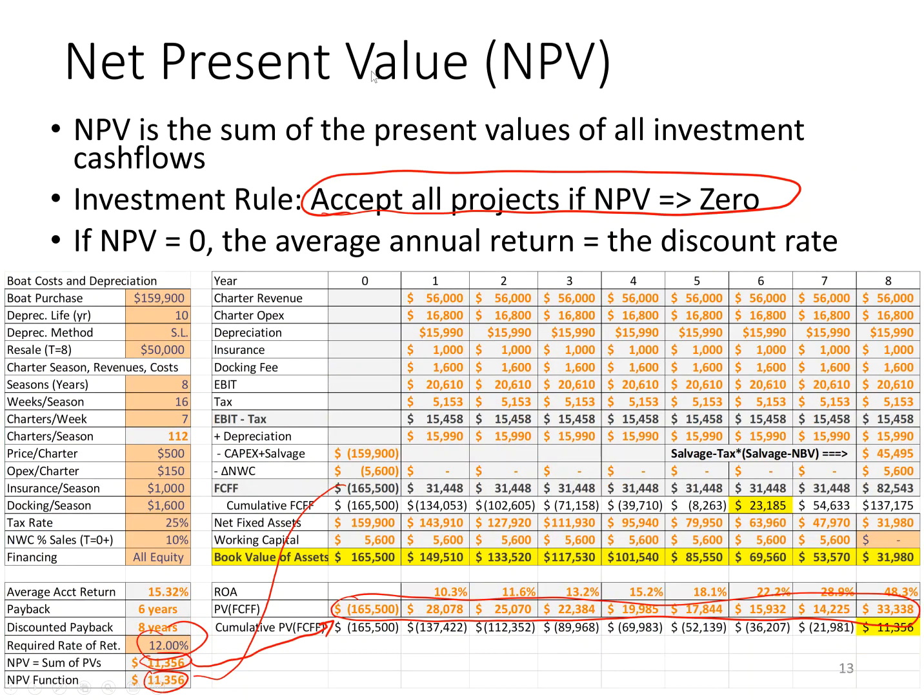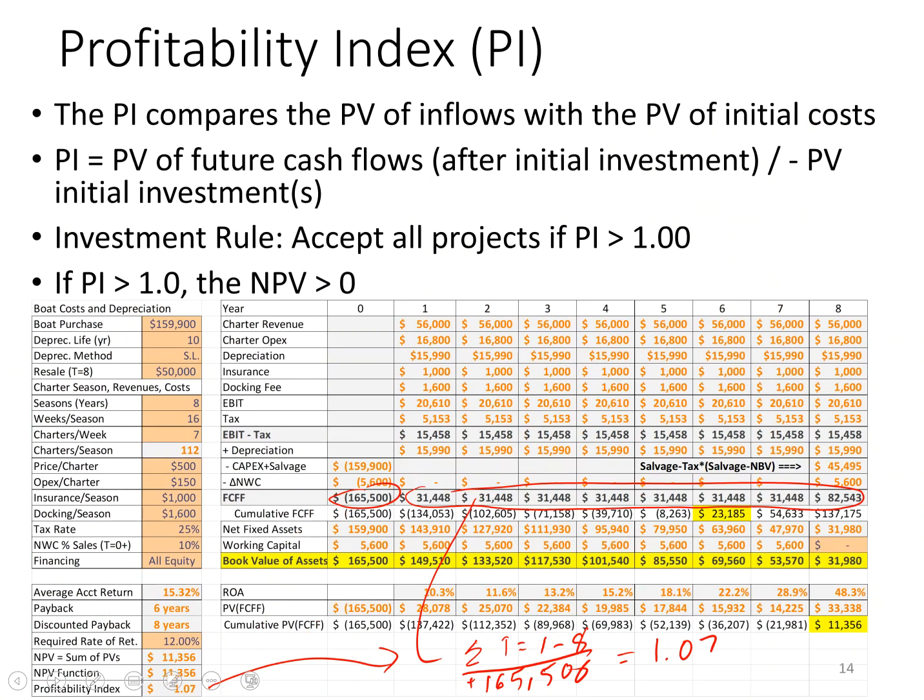Let's now talk about one of our last measures. We have 2 left. Profitability index, very close to NPV. It is NPV, but it shows it as a ratio instead of a dollar amount. So the profitability index just takes the present value of all the future cash flows after your initial investment, divided by the initial investment as a positive number.